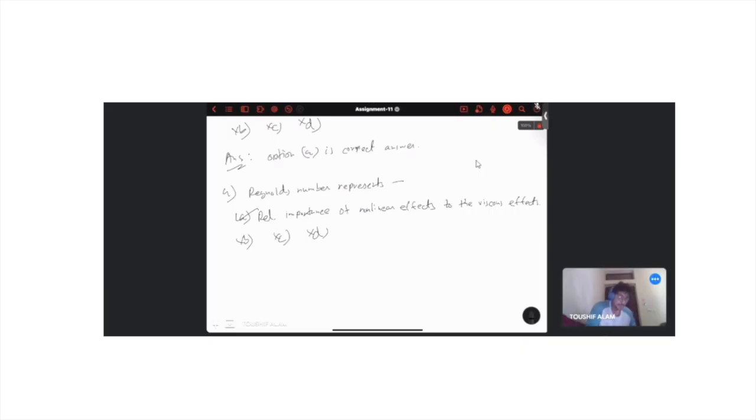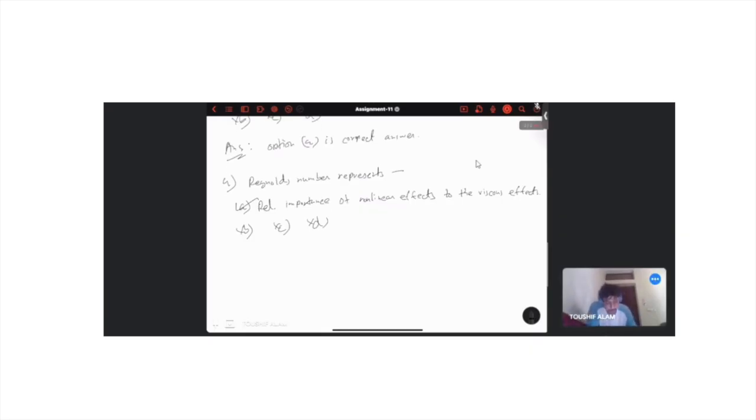So how nonlinear the fluid is, while the viscous effect is already acting on it. Right. So option A is the right answer.